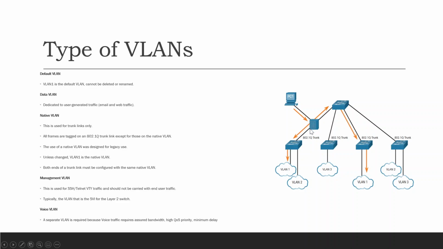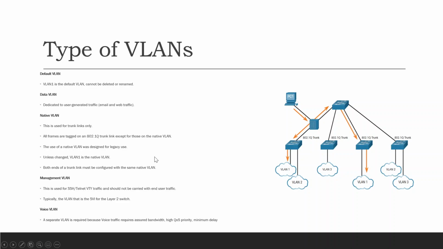But when we have a legacy device like a hub connected to the network, the hub has no idea about VLAN. So the traffic sent through the hub is sent through the native VLAN. So the native VLAN is used to carry untagged traffic, meaning there's no VLAN ID, no VLAN information.